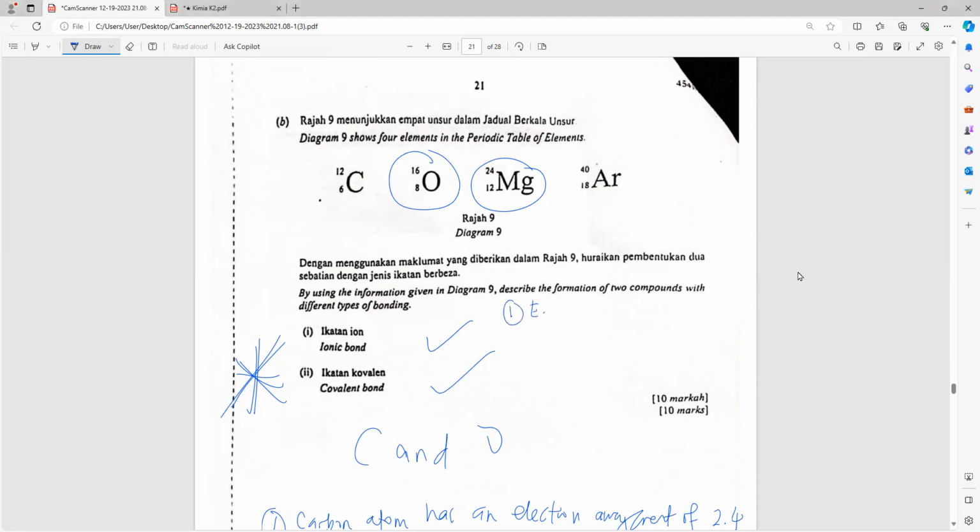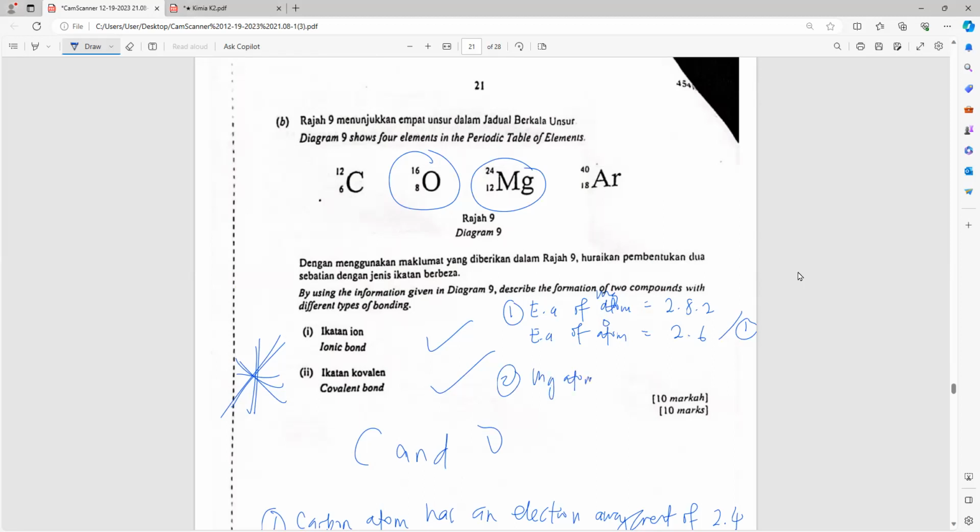The electron arrangement of magnesium atom is 2.8.2. The electron arrangement of oxygen atom is 2.6. This is your 1 mark. Are you all writing down as teacher is writing down? Yes, sir. So what does your magnesium atom do?